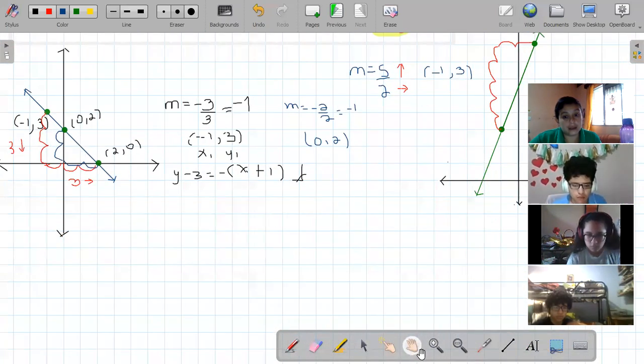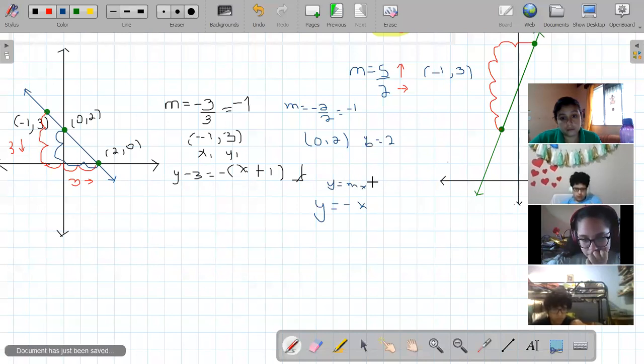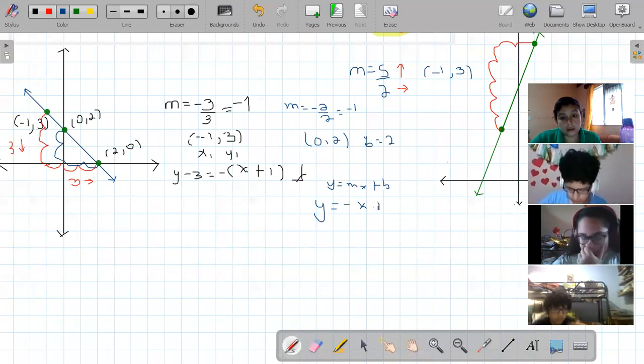So that means that b in here is 2. Okay, doing it this way. So I'm going to have that y is equal to -x because y equals mx plus b. So -x plus 2.